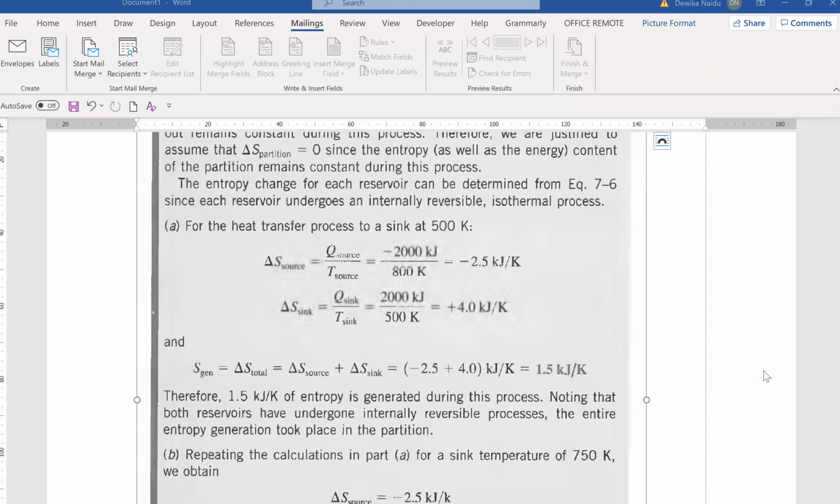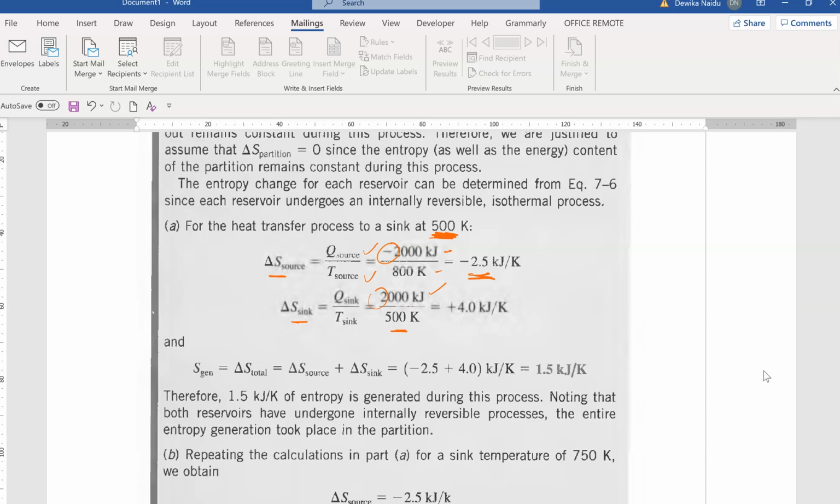Okay, let's calculate for heat transfer A, which is to 500. Delta S of the source is Q source divided by temperature of the source, which in this case is negative 2000 divided by 800, so it's negative 2.5. This is giving away heat, which is the reason why the source is negative.